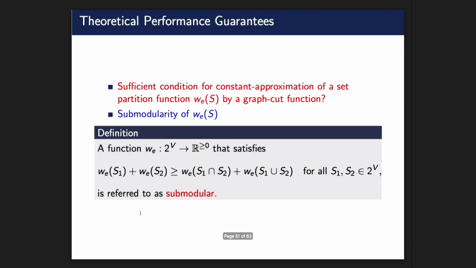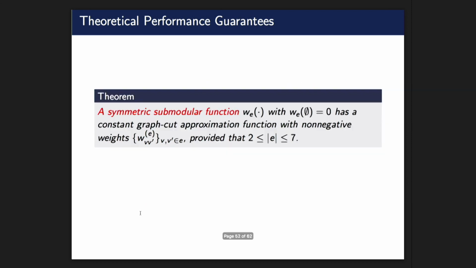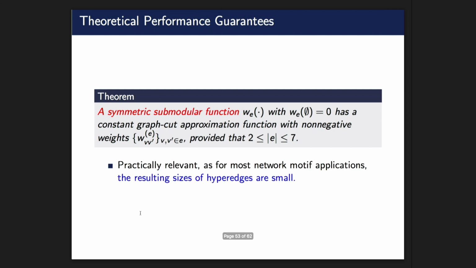And this is true only if the weights have a very important property, which is submodularity, and it works as long as your motifs or your subnetworks are not larger than size 7. So if you have subgraphs of size less than or equal to 7, all these projection methods are guaranteed to work, and not give you approximations that are worse than twofold compared to the original hypergraph clustering problem.